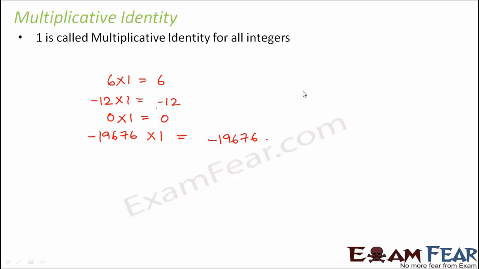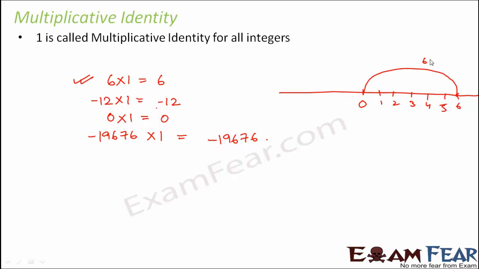Now why does this happen? We can understand that from the number line. Let's say this is 0, 1, 2, 3, 4, 5 and 6. So let us look at the first example which says 6 into 1. That means 6 added one time. So 1 times 6 added means you will make one jump of 6 from 0.